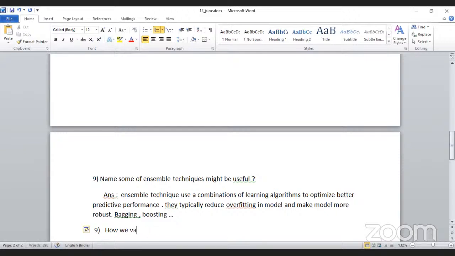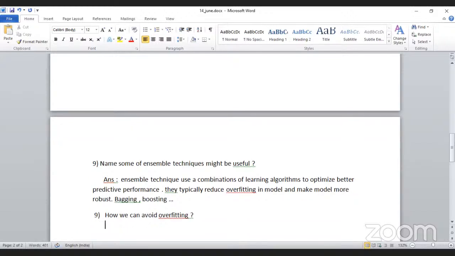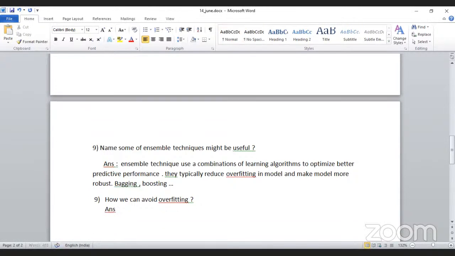How can we avoid overfitting? Tell me the techniques for how we can avoid overfitting.